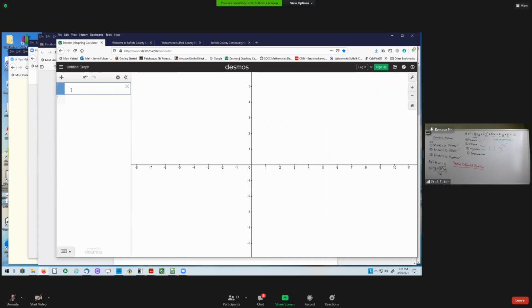So if I put problem 1 in there, I get 4x squared plus 4xy plus y squared plus 3x equals 0. That happens to be a parabola.